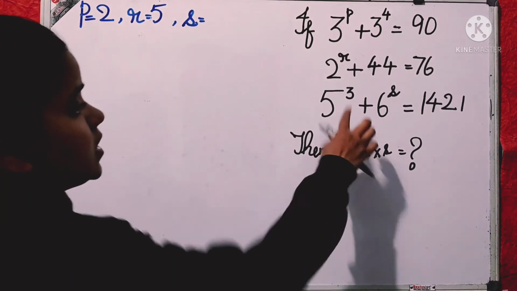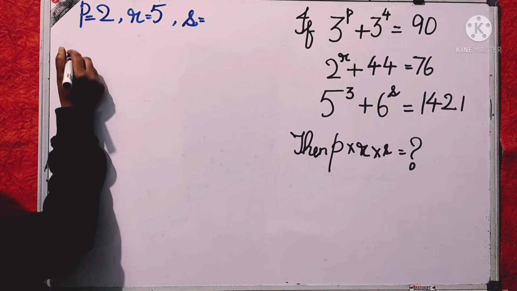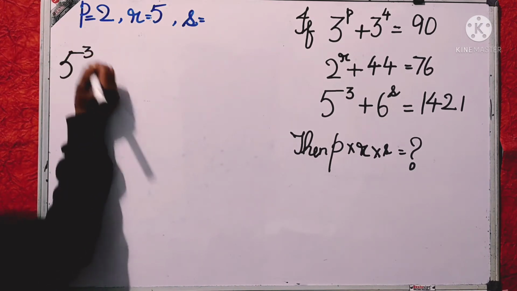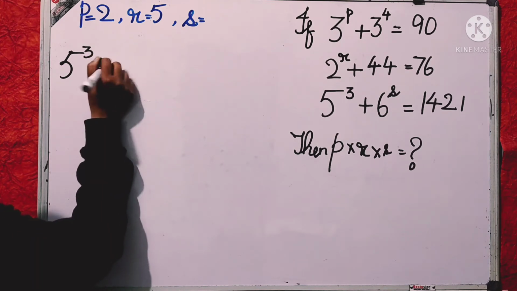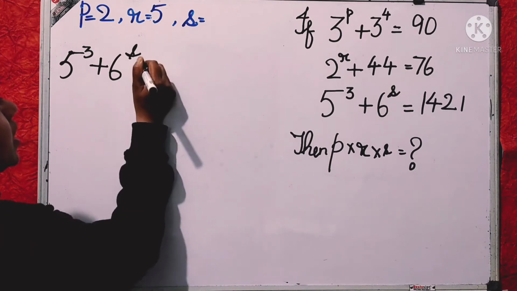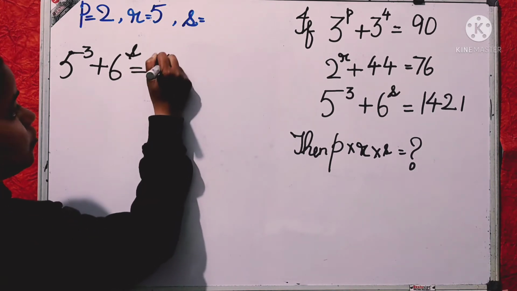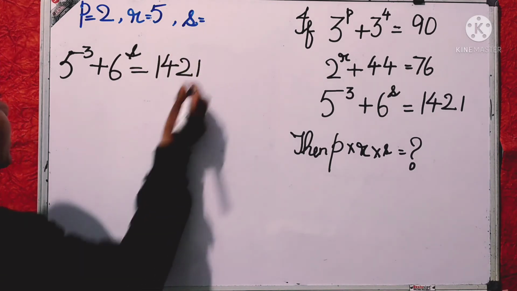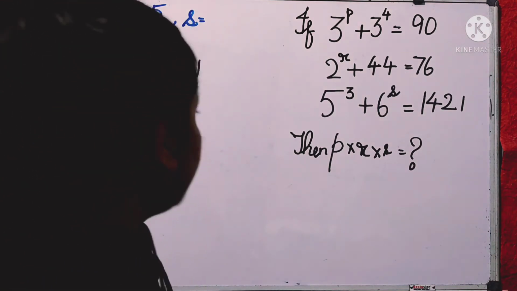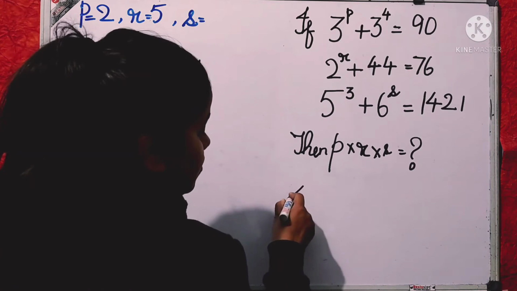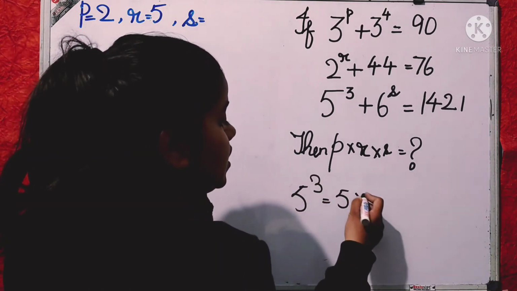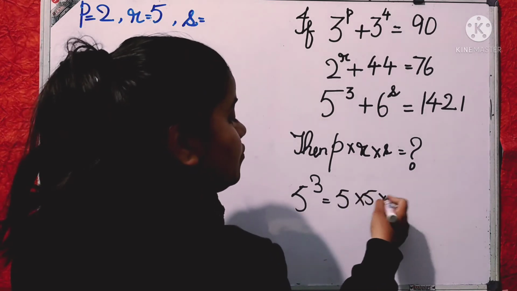Let's move towards the third equation, that is 5 raised to the power 3 plus 6 raised to the power s, which is a variable, equals 1421, right? Now 5 raised to the power 3 is equal to 5 into 5 into 5.